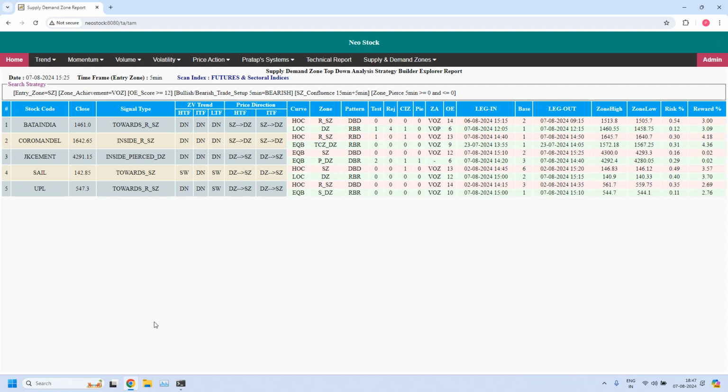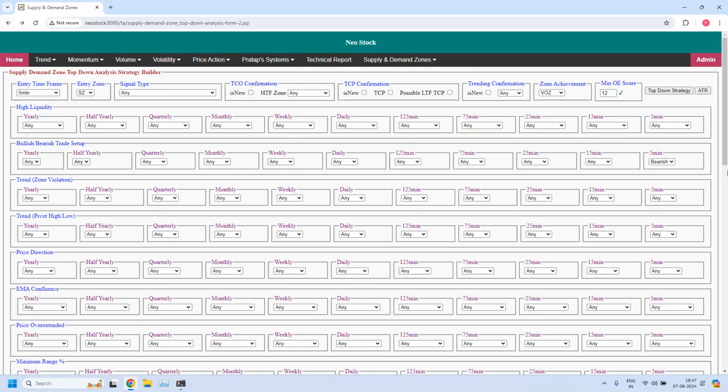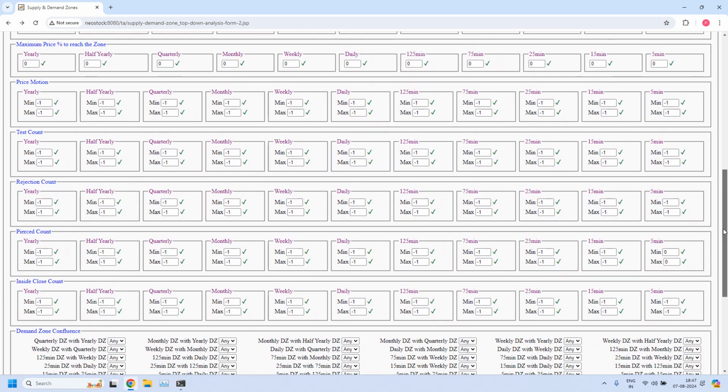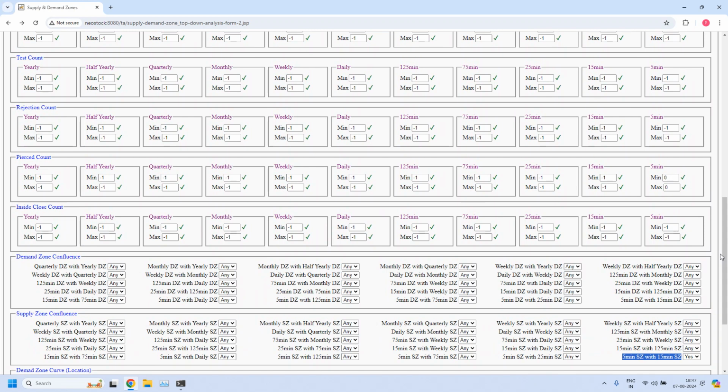Again, out of these 5, how many again have confluence with the 75 minutes time frame? So let us look for HTF confluence at supply zone. The 5 minutes supply zone with the 15 minutes supply zone is already enabled. Now the 5 minutes supply zone with the 75 minutes supply zone I enabled, and also the 15 minutes supply zone with the 75 minutes supply zone I am enabling.